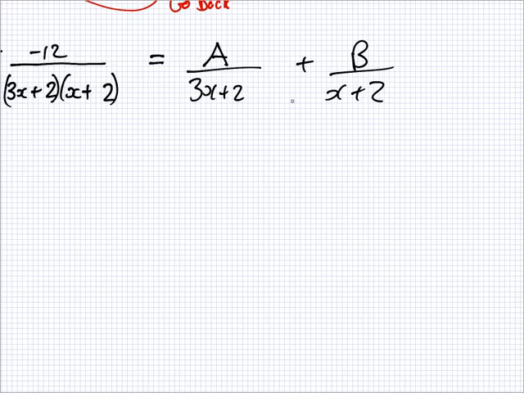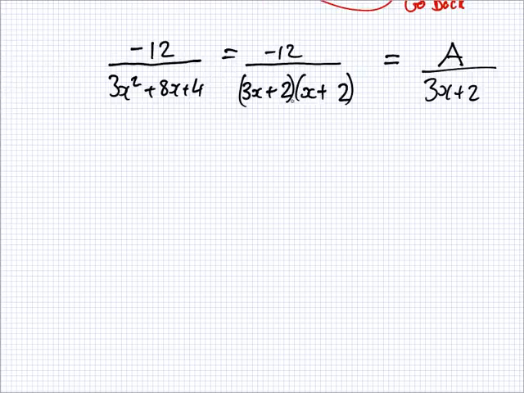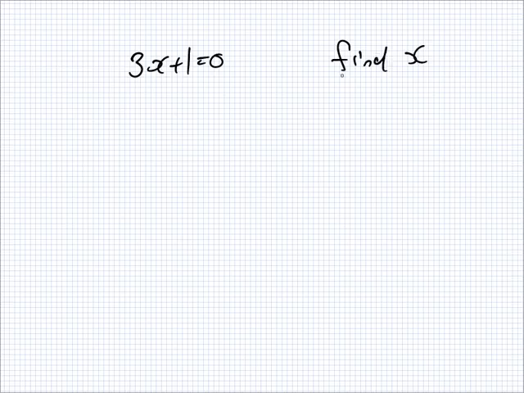Now, if you want to be very clear about this, if I just go to the side for the moment, if I said something like this, here you can find x, so this is called an equation, as you know. But if I wrote something like this, that's not an equation.